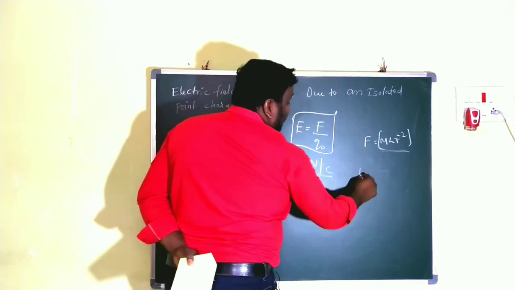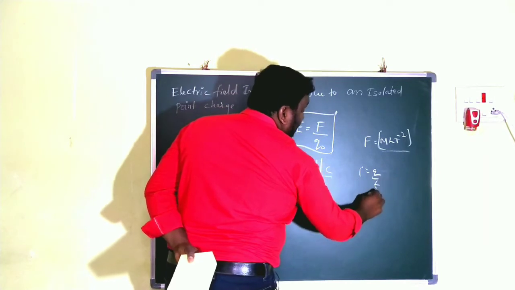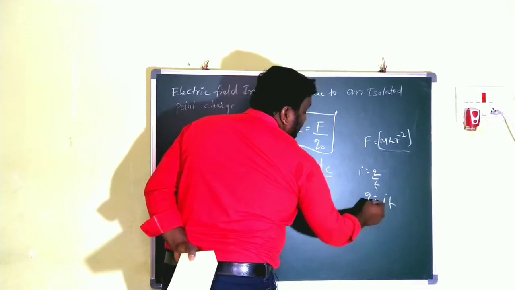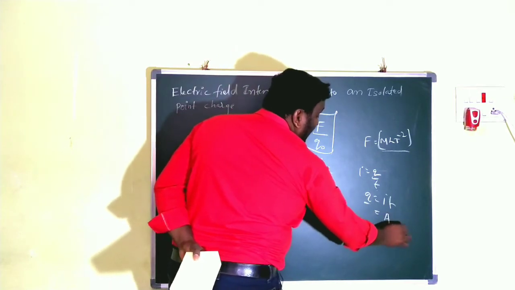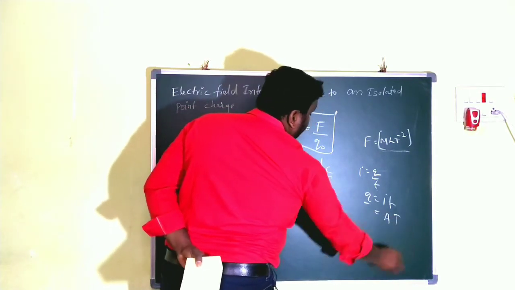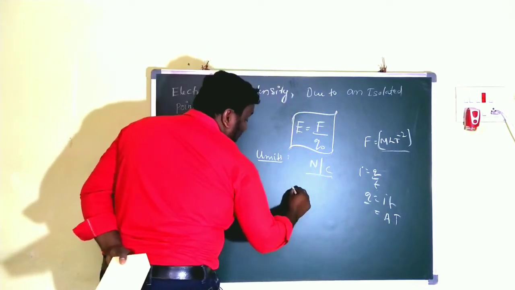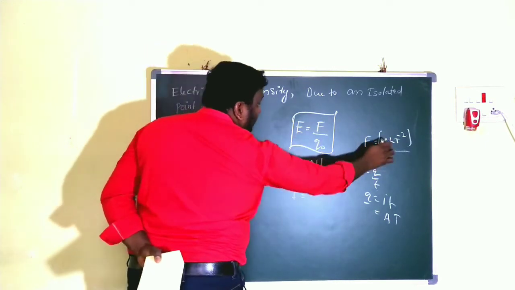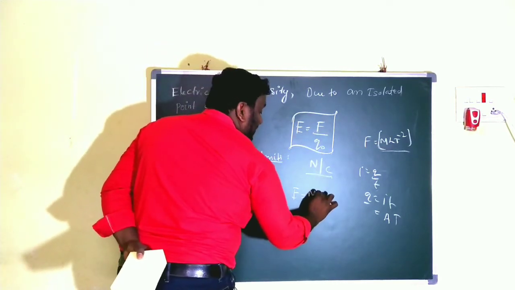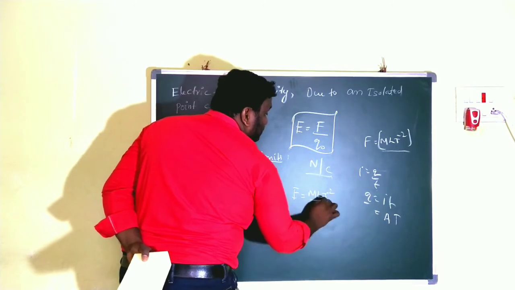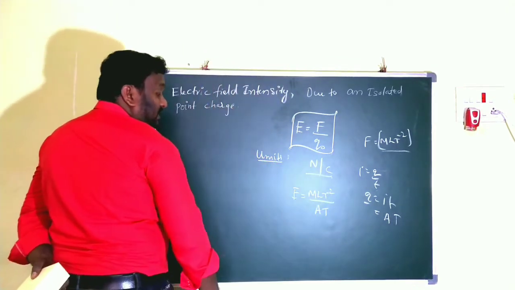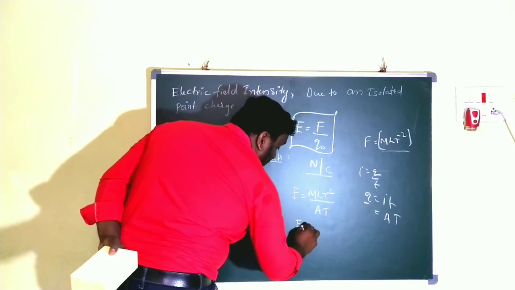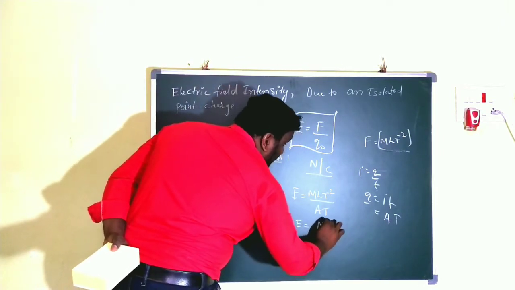And I equals Q by T, so Q equals I T. Q means charge. For current the dimensional formula is A, and time is T. So E equals F by Q, which is m L T inverse 2 by A into T. Then what do you get? What is the electric field intensity dimensional formula?